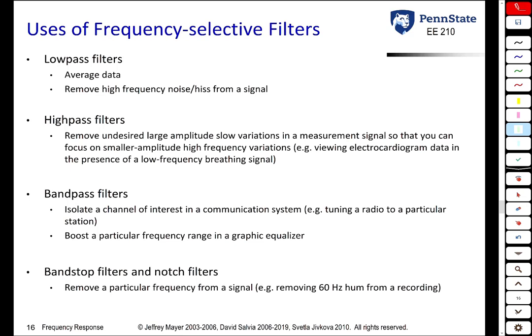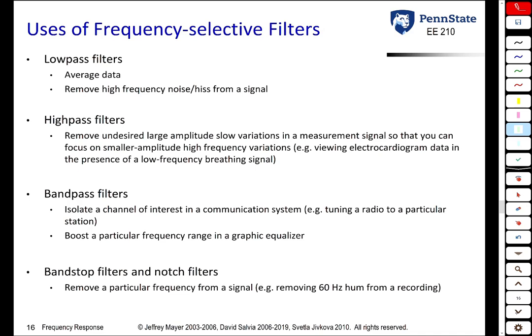Bandpass filters show up a lot in communications. Every time you tune your radio to a particular station, you're basically creating a bandpass filter that's grabbing frequencies in a certain frequency range from the air. So your antenna can pick up a whole bunch of frequency ranges, but the bandpass filter on your radio then concentrates on frequencies in a certain band, a certain radio station, and that's what you actually listen to.